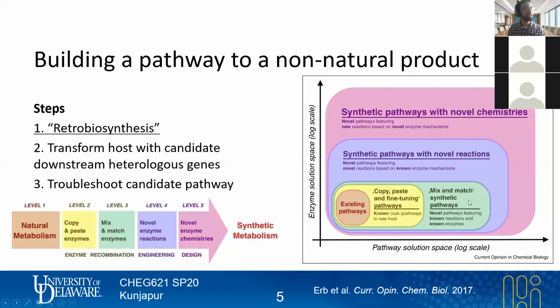You can go beyond that and start doing some more mixing and matching to create really novel pathways. Here the difference might be that this was a pathway that didn't exist in your organism. So now it's in a new host, and it's a new pathway, but it's still known reactions and known enzymes.